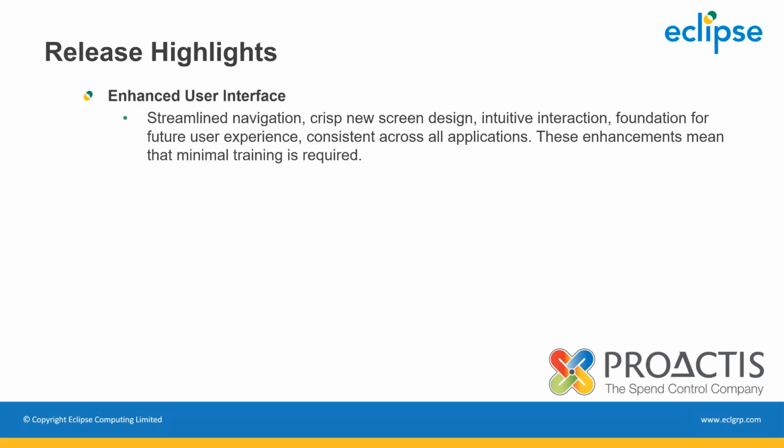And this will be the foundation for all future experiences across all of the Proactis applications. And the idea is to make the Proactis experience a unique end-to-end common user interface experience across all of the products, whether that's P2P, source to contract, reporting, user management, anything else.